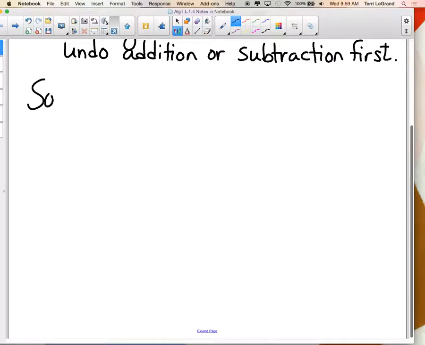Solve. Here's the first equation we're going to solve. Negative 4, plus 7x equals 3. So our goal is still to isolate the variable, get it by itself. So we have to look on the side where the variable is and say what's happening over there. There's a couple of things happening on the side of the variable, right?